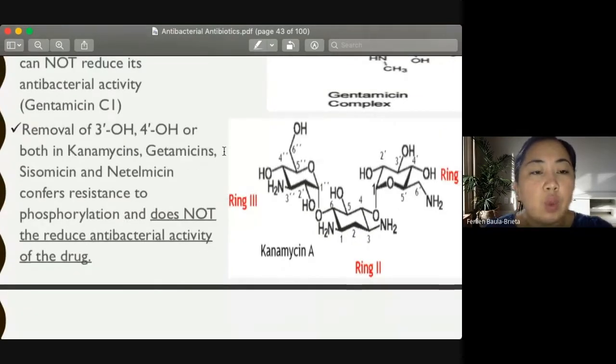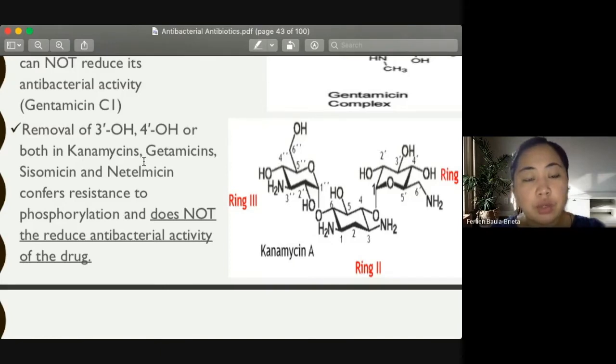The next one is removal of 3-hydroxy and 4-hydroxy on both our kanamycin, gentamicin, cyclomycin, natalmycin to confer resistance against phosphorylation this time. So kanina, it confer resistance to bacterial enzyme.